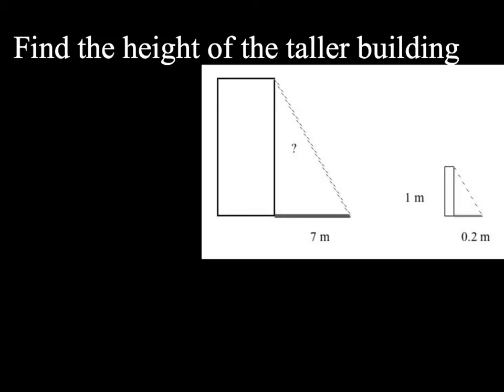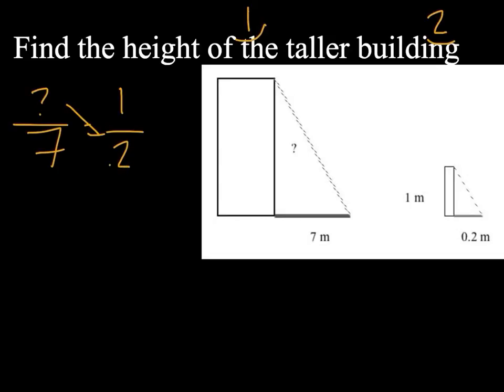Our last problem, we want to find the height of the taller building. This is a shadow problem, if you've ever seen a shadow problem before. This is going to be building number 1 and building number 2. Building number 1, I do not know the height, but I do know the shadow. Building number 2, I do know the height. We're going to make all the heights go on top, and I do know the shadow.